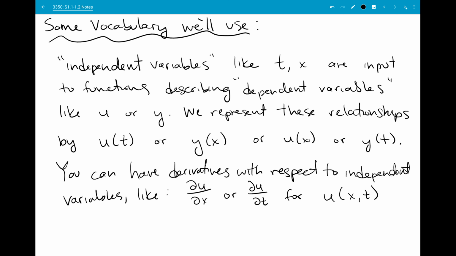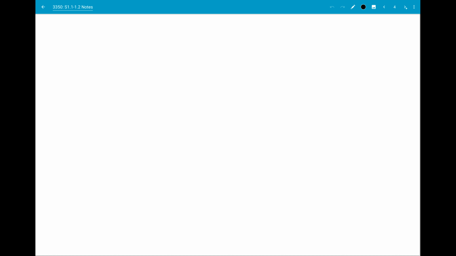So, you know, d2u dx squared, or d2u dx dt, mixed partial derivatives, maybe even an nth order derivative is possible. And so this collection of possible derivatives of u with respect to its independent variables are what will make up differential equations. So vocabulary continues.